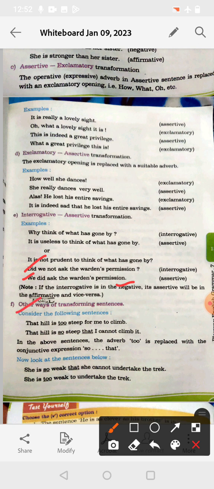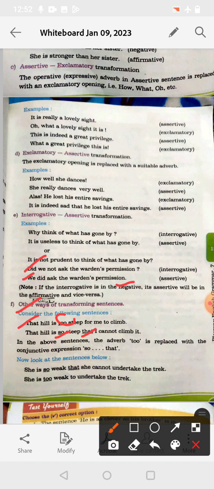Now, some other ways are also there for transforming the sentence, like we can consider changing or replacing to with so or that. Like, that hill is too steep for me to climb. So we can replace to with so and that. So it will be, that hill is so steep that I cannot climb it. Okay.